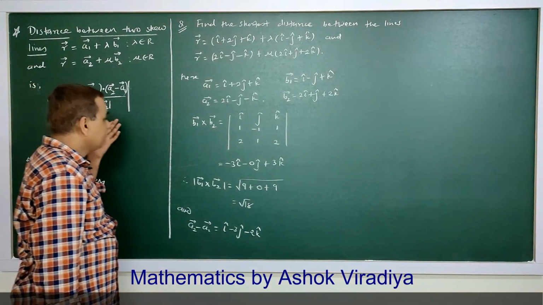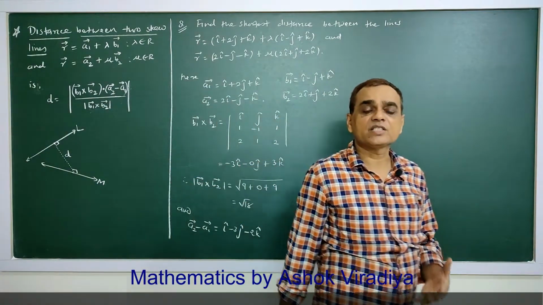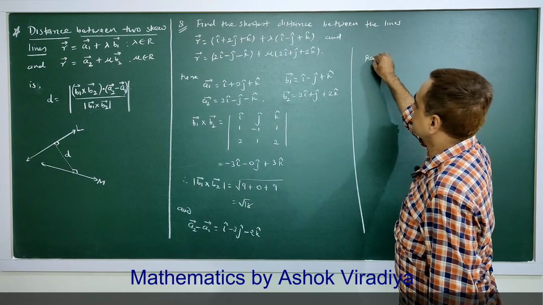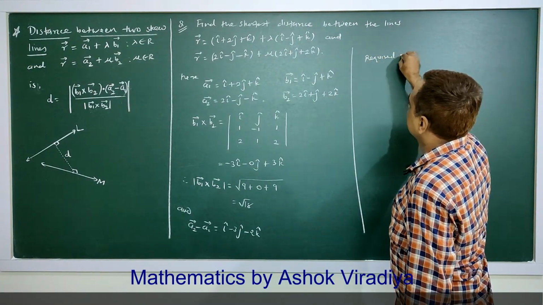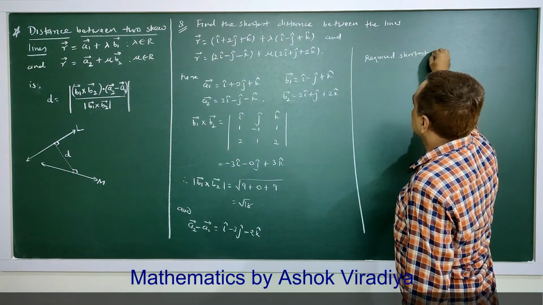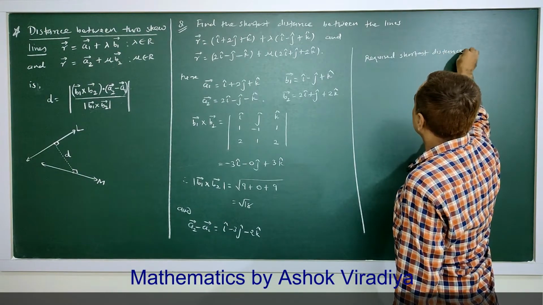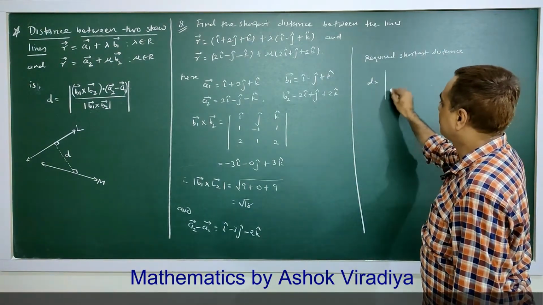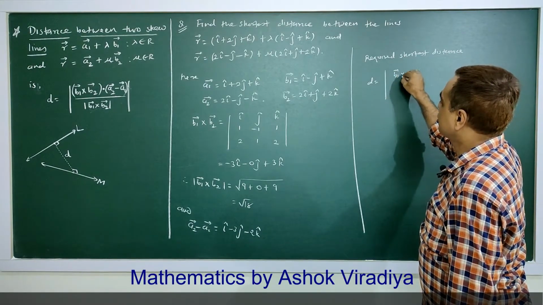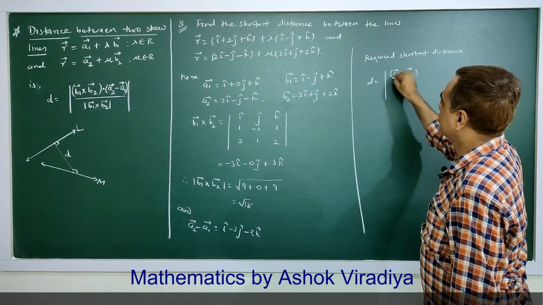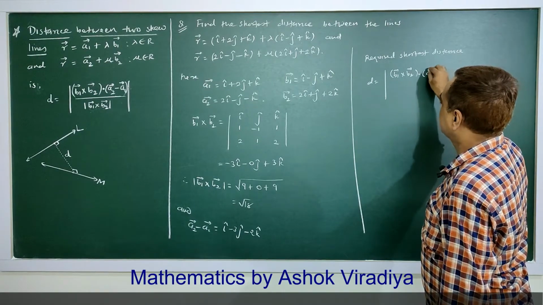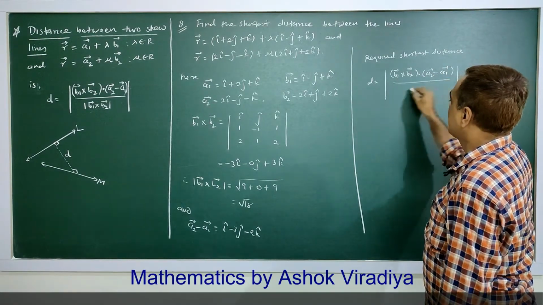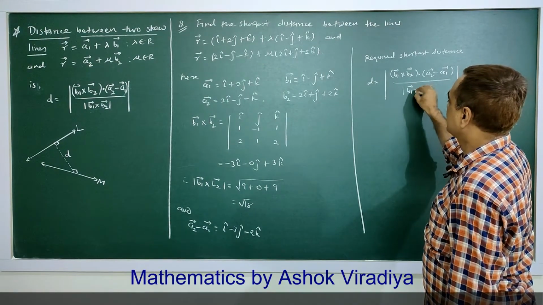Now we put the values in this formula. So the required shortest distance D is equal to modulus of b1 cross b2 dot vector a2 minus a1 upon magnitude of b1 cross b2.